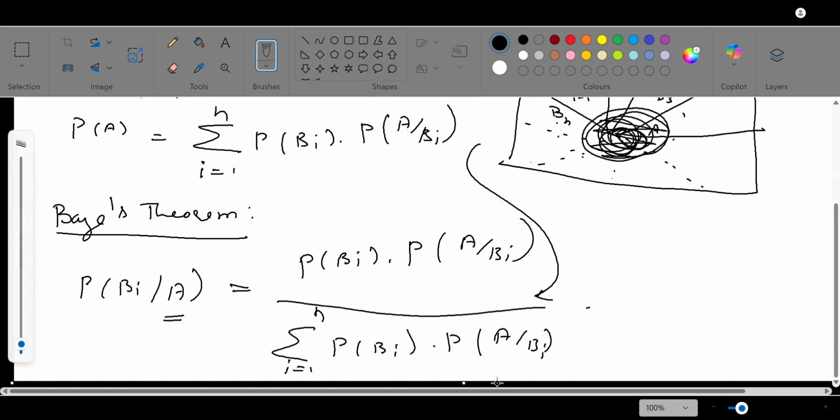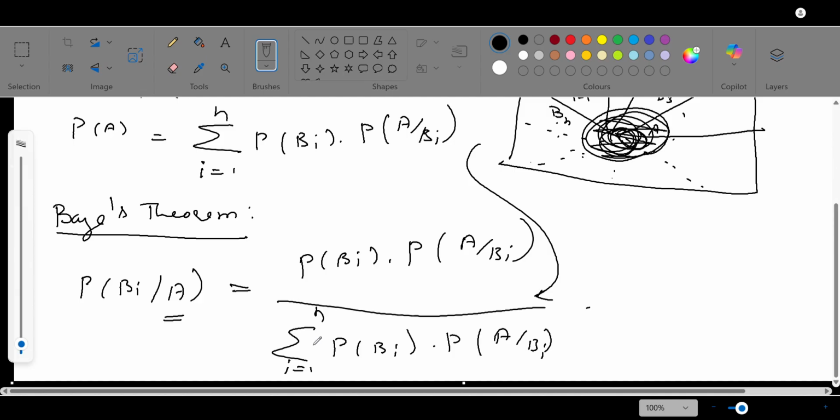Okay, to solve this problem, I open a new screen. Here it is, new screen open.